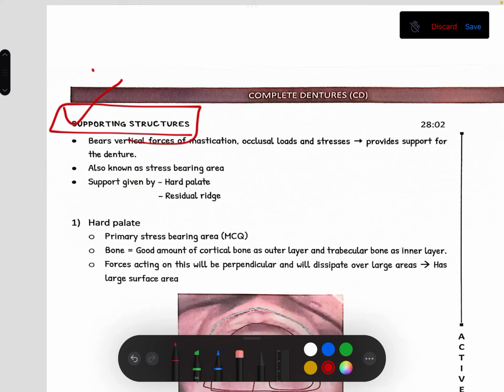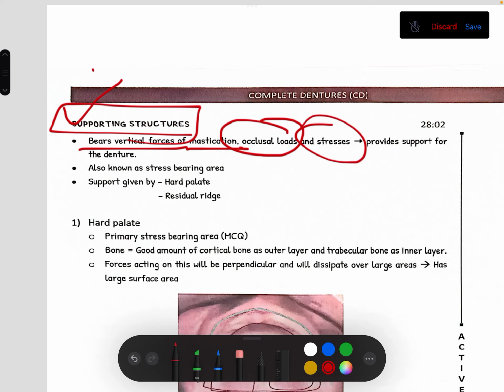Supporting structures bear the vertical forces of mastication. They bear the occlusal loads and stresses. So even in exam, if you tend to forget what the supporting structure is, we can just remind ourselves that this structure has the ability to bear the forces of mastication, occlusal loads and stresses.